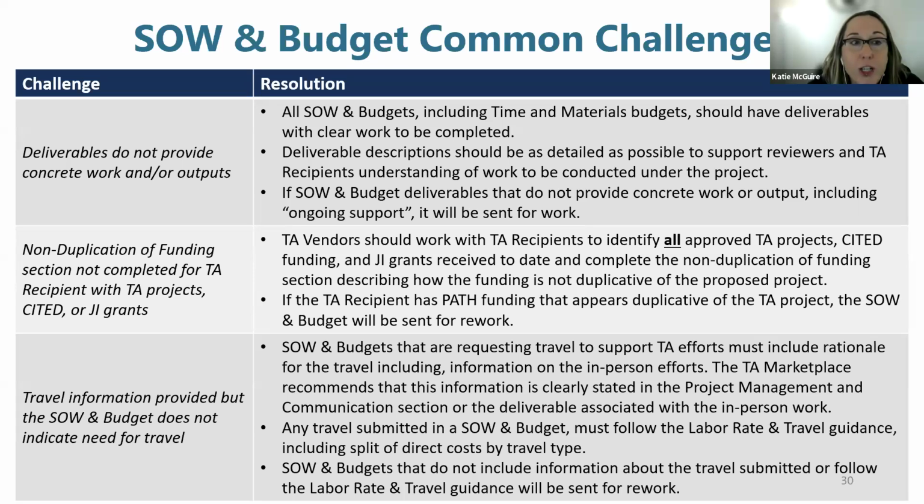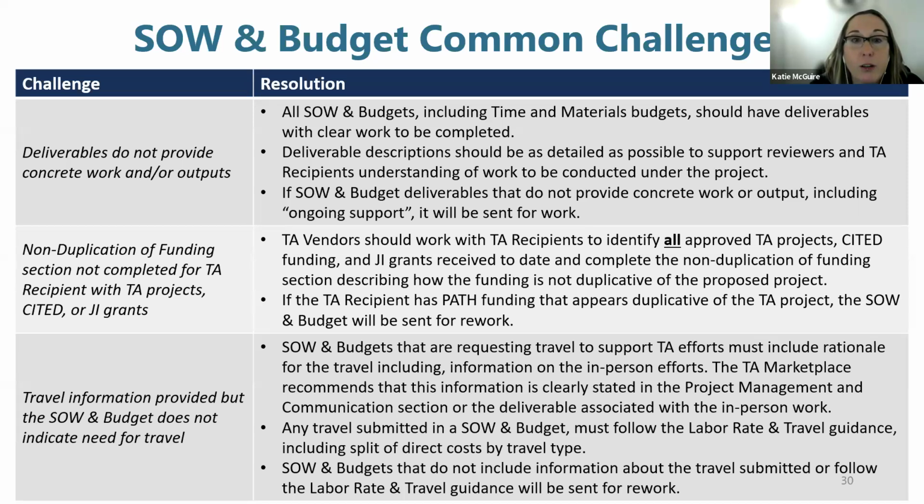Again, the non-duplication of funding section is very important. And if it is not completed, it will be sent back for rework. It should be completed for the recipients if they've received any other projects, if a batch of projects are being submitted, even though they have not started, if they've received cited funding, JI grants.